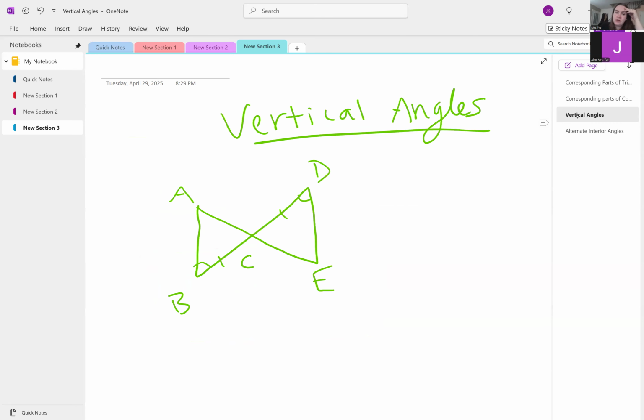Okay, the next thing is vertical angles. So we're going to go into the triangle congruence theorems. That's the SSS, SAS, ASA, all of those ones. This one might look like it doesn't have enough information, and this probably came up in an example we've already talked about, but I wanted to make sure that it was clear that this is a property that we can rely on.